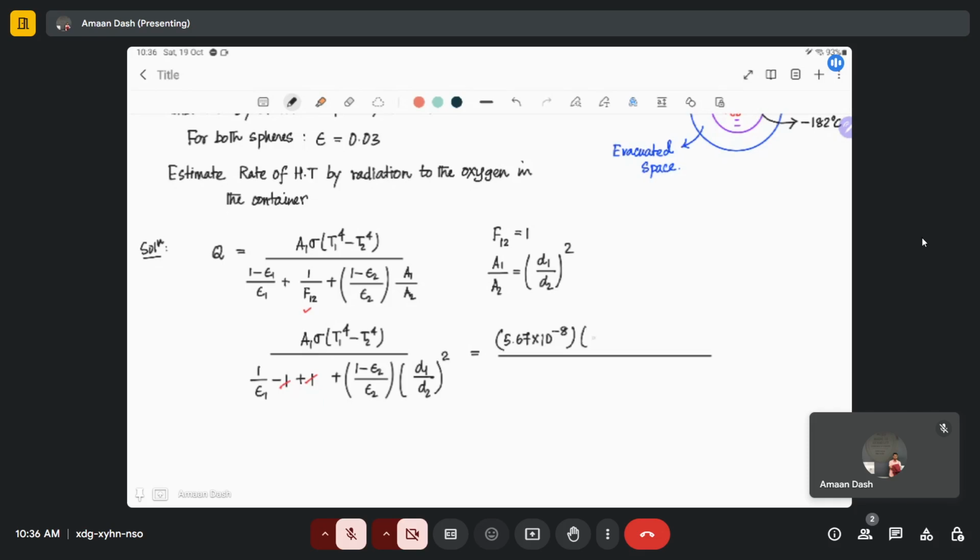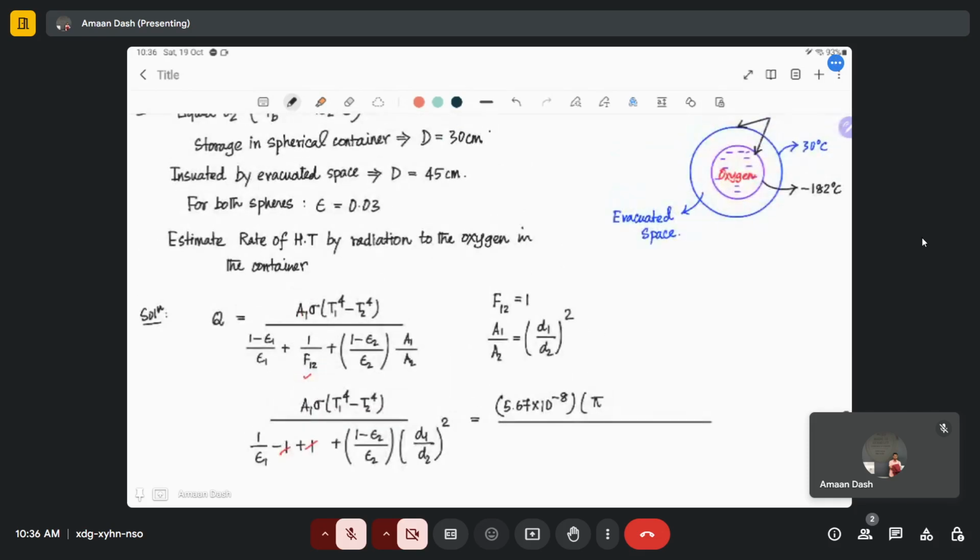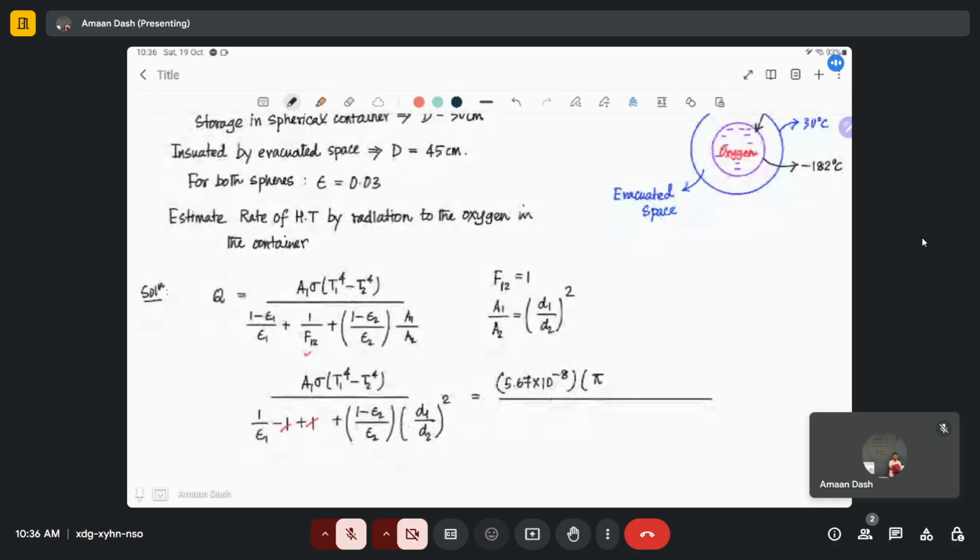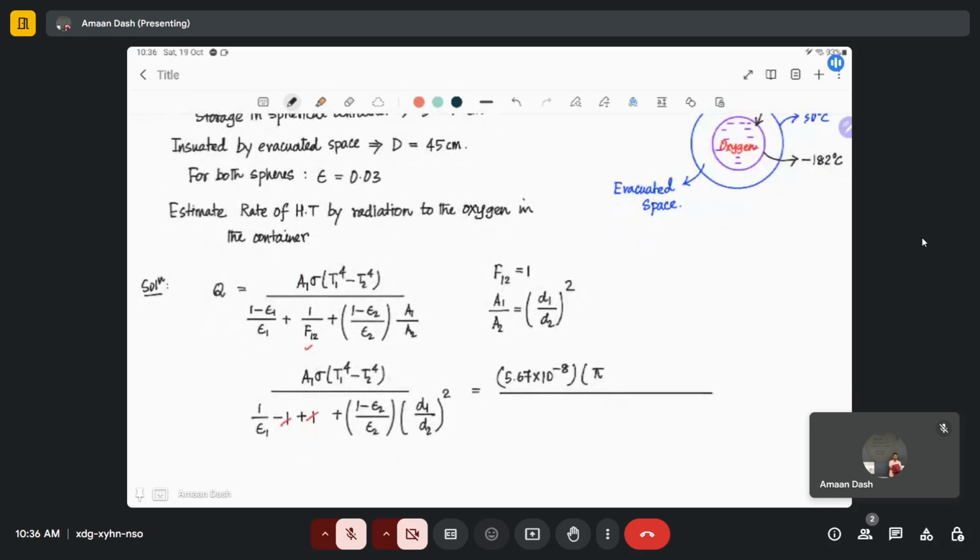So we can write here pi, and d1 is 30, so that is 0.3. So we have 0.3 square, and then we have t1 to the power 4 minus t2 to the power 4.